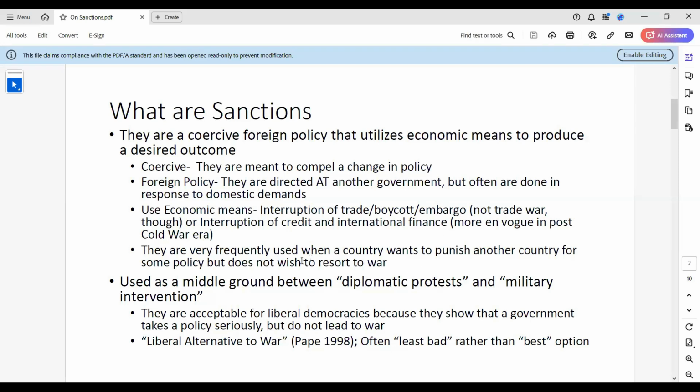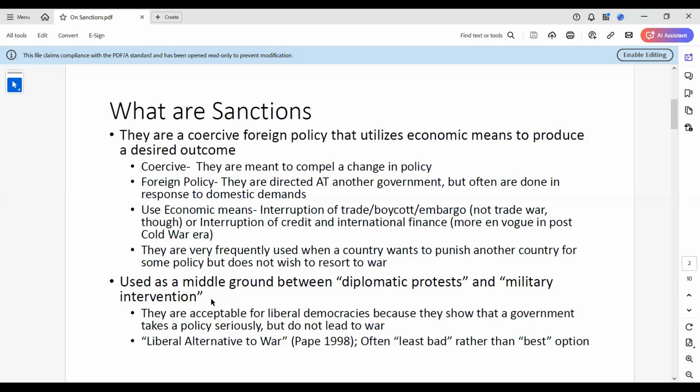So it's frequently designed to punish another country for something where we want to get them to change, but we don't want to attack them or go to war. And it's important to mention that it's often a step toward war. You put diplomatic pressure on, then you put economic sanctions on, then you put military force down, when you finally have decided that you've had enough and you want to overthrow the government.